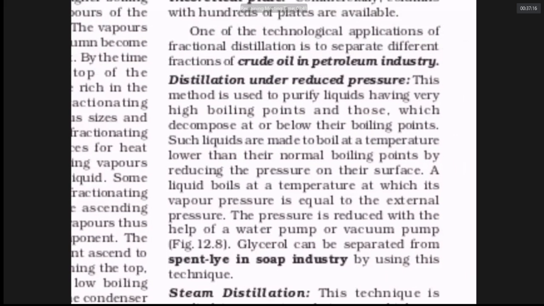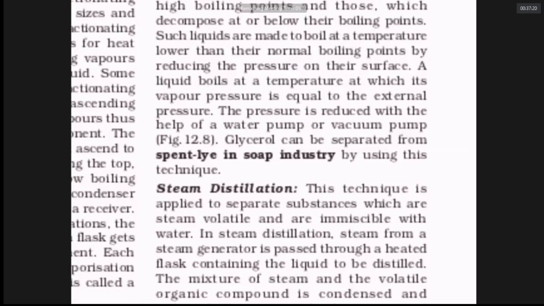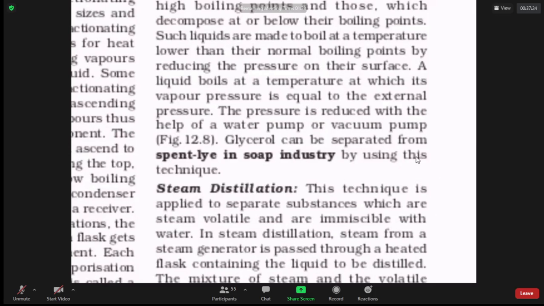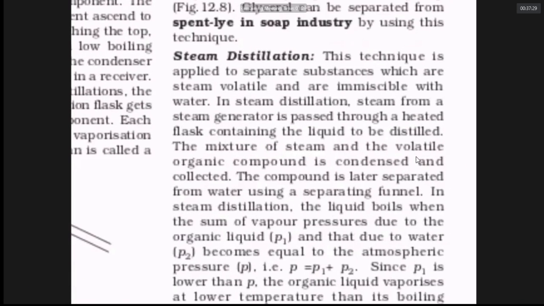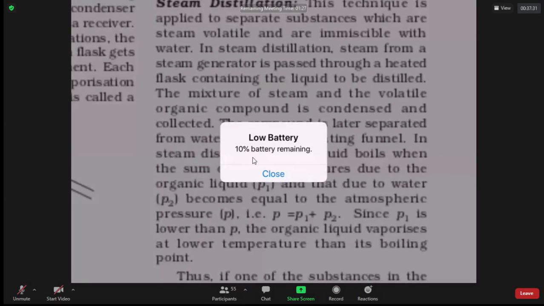Distillation under reduced pressure: glycerol is separated from spent lye in the soap industry by distillation under reduced pressure. Steam distillation is used to separate nitrobenzene and aniline from impurities.